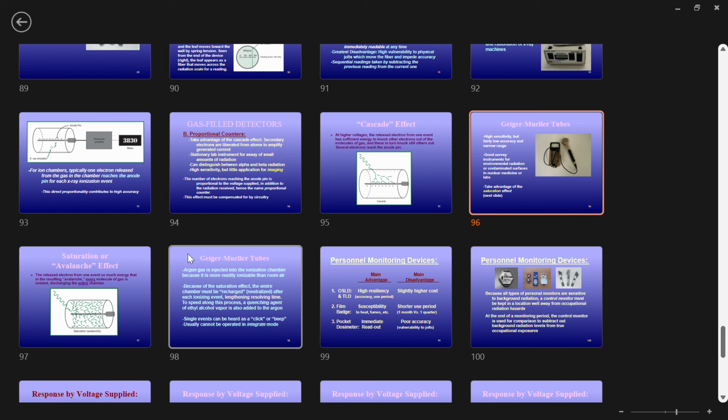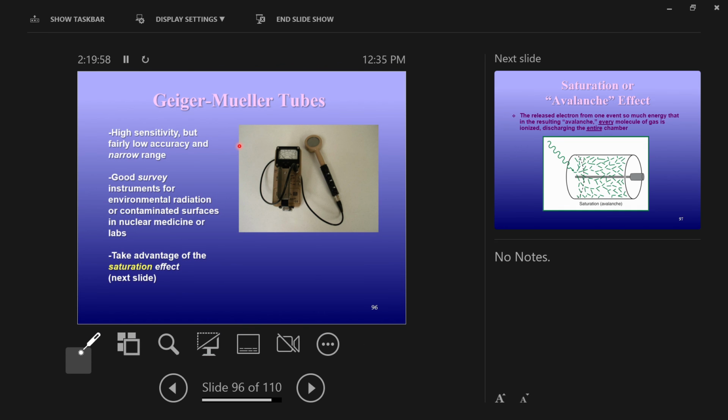So Geiger-Müller tubes take advantage of a type of gas called noble gas. Okay, what do we know about noble gases?